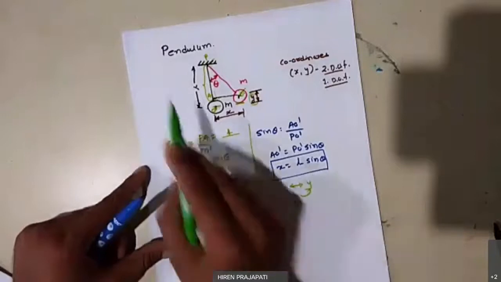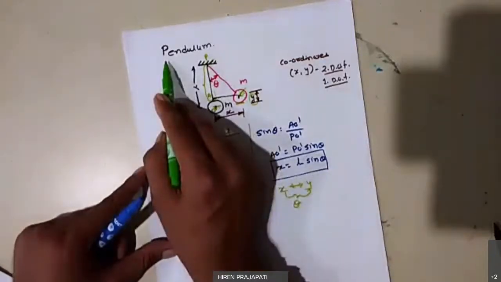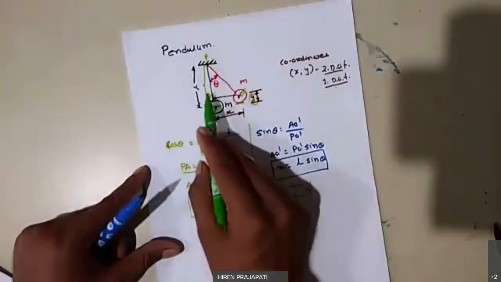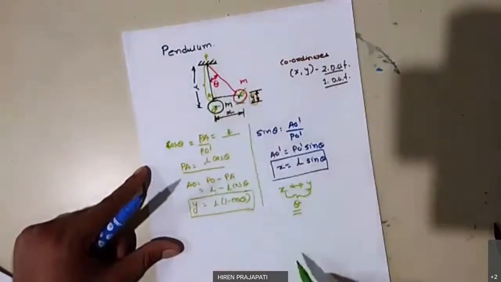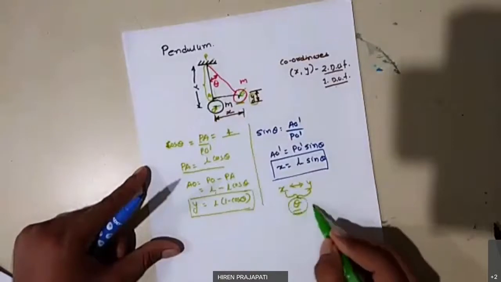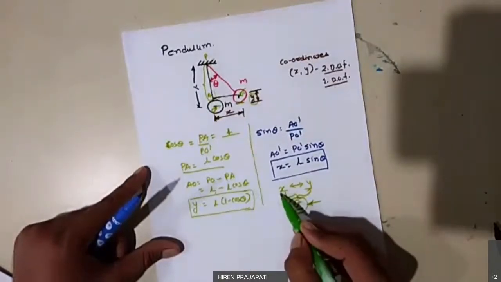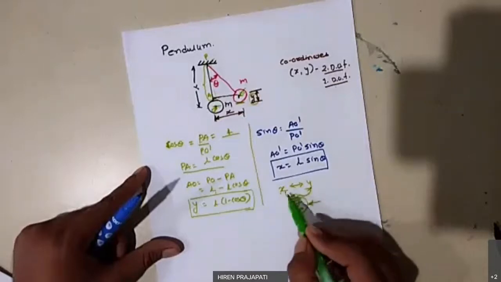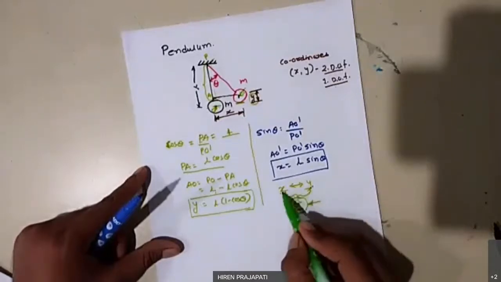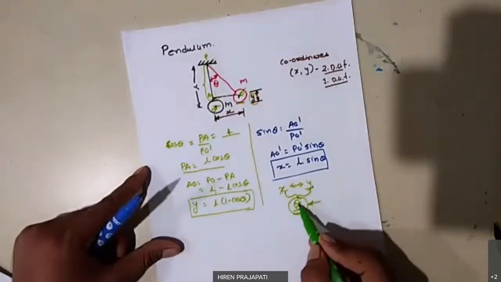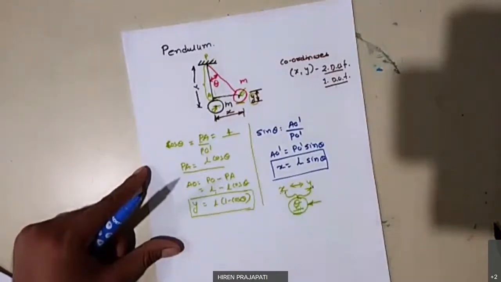That's why the pendulum is considered a single degree of freedom system, because theta alone can define its position. Only one coordinate can define its position in a cylindrical coordinate system. As we are using a Cartesian coordinate system, you require two coordinates, but both these coordinates are related. They are not independent. They are dependent on theta, right?